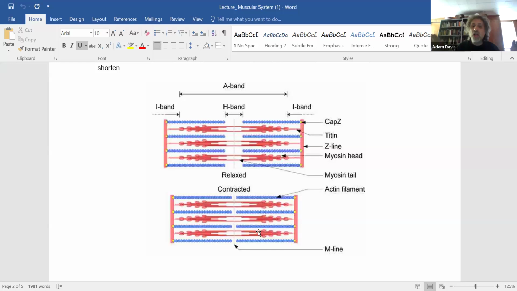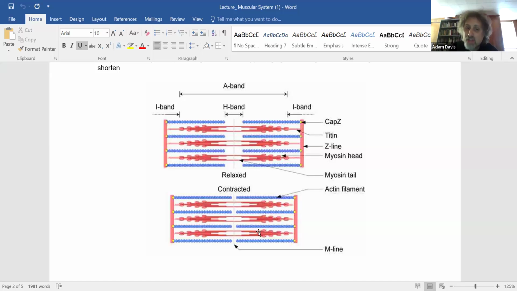Basically, the whole thing squeezes inward. The H band and the I bands disappear because the thin filaments are pulled in towards the center. The thin filaments pull in towards the M line.